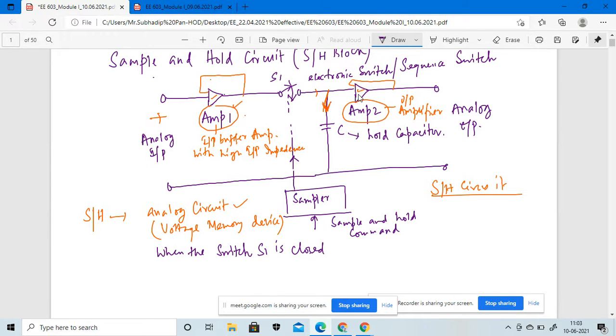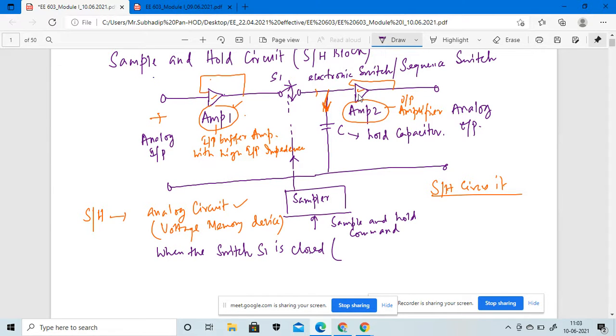Can anyone tell? When the switch is closed, then what happened? Tracking mode operation. Yes. So when the switch is closed, that means what?